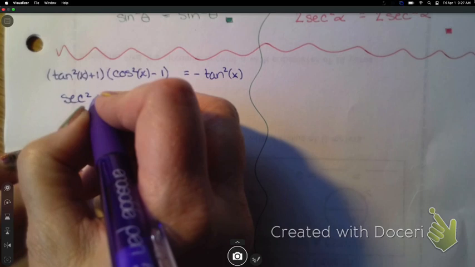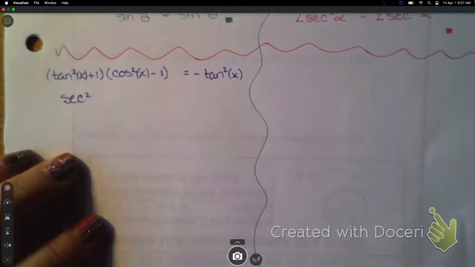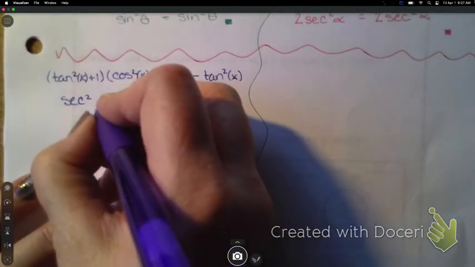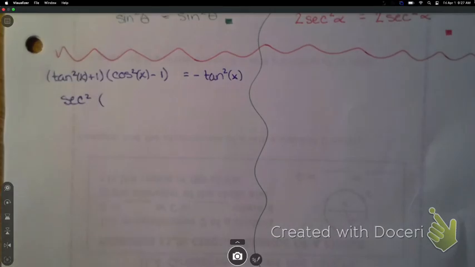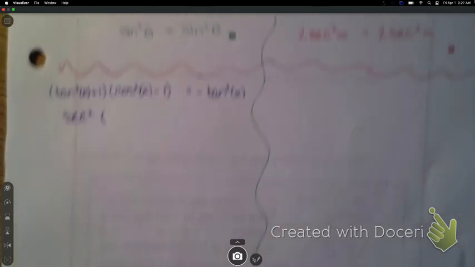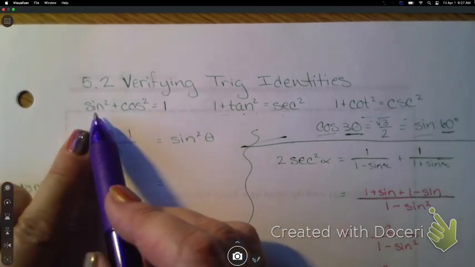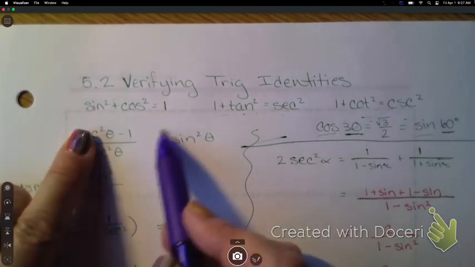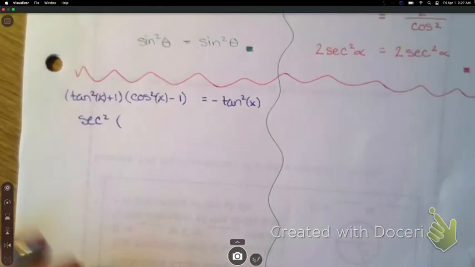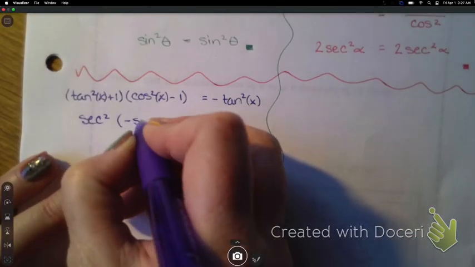So secant squared times negative sine squared, because you would be subtracting sine. So make sure you're doing it correctly.